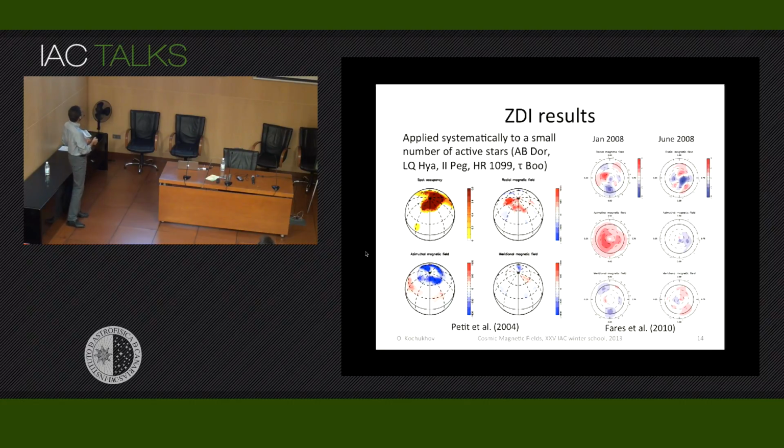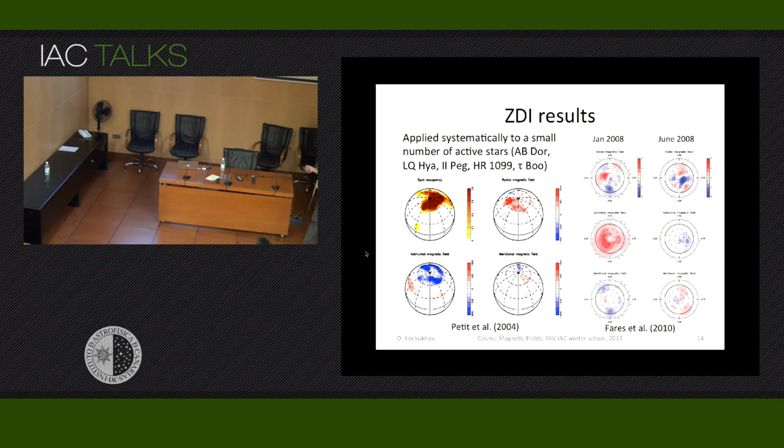In particular, these three stars were studied very much, even with time series of maps, and these are very active stars, stars which rotate fast, either because they are young, so they have not yet lost their angular momentum, or because the stars are in binary systems, so their rotation is locked with the orbital motion, so they retain very fast rotation, and this fast rotation somehow enhances production of magnetic field.